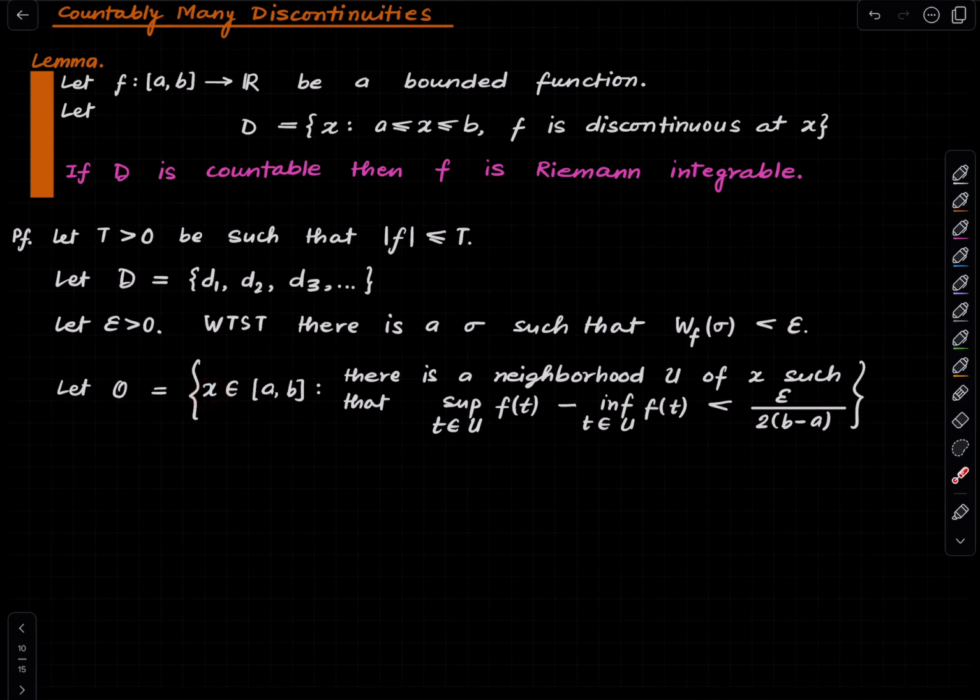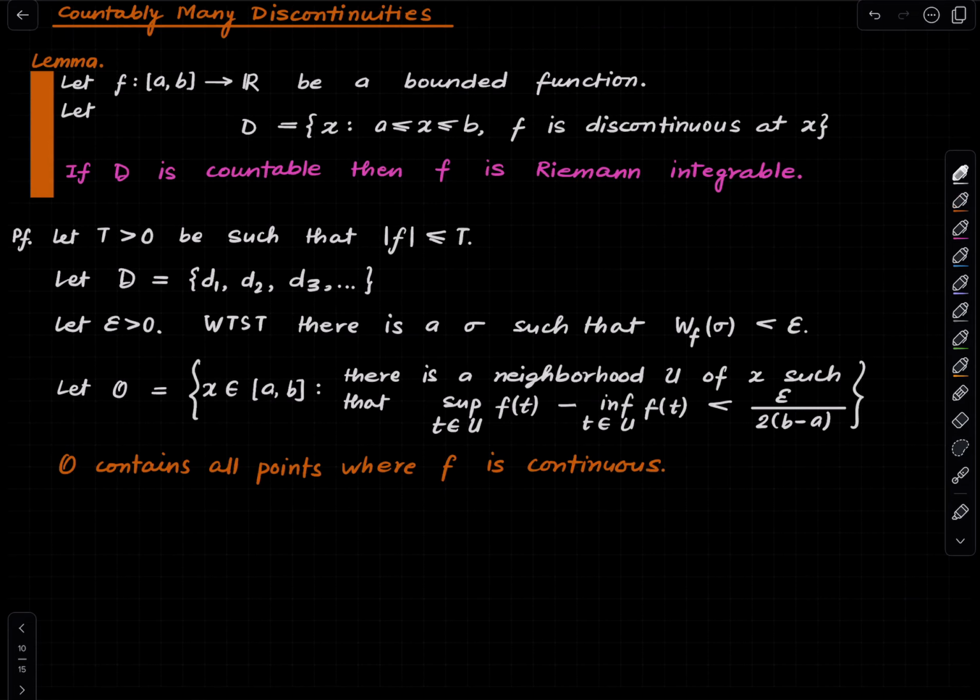And clearly each continuity point is here. Every point of continuity, O contains all points where f is continuous. Make sure you follow this. Pause the video and think about it if it isn't immediately clear.